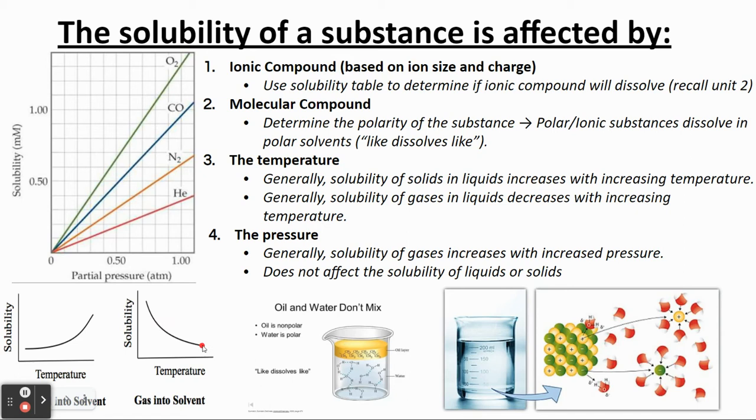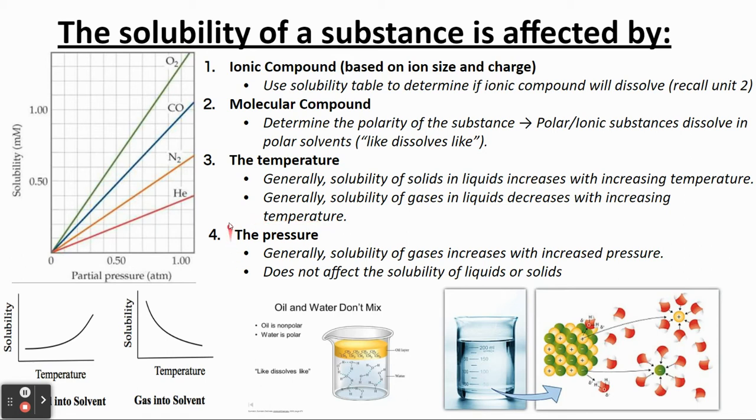That's basically because the gases start to bubble out of the solution, and so they won't dissolve as easily. So temperature affects solubility. Depending on what your state is, it'll affect it differently. Solids in liquids, it'll increase solubility with increasing temperature. But gases in liquids, their solubility decreases with increased temperature because they bubble out of the solution.